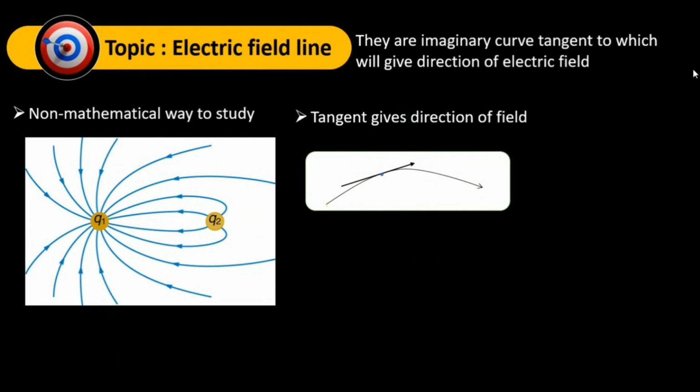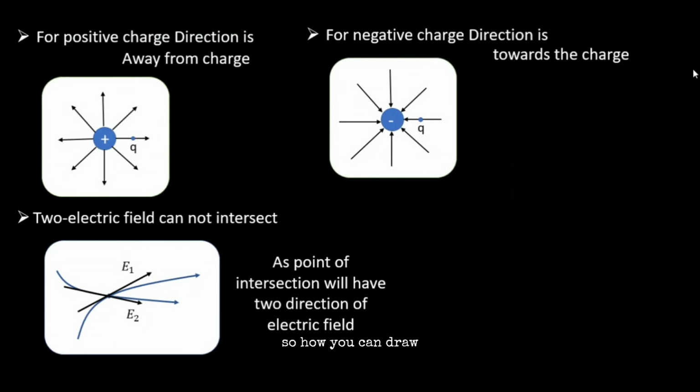They are curves heading from some positive charge and going towards some negative charge, always. So whichever point they are emerging from is supposed to be a positive charge, and whichever point they are terminating in is supposed to be a negative charge. Although it will be clear soon, let's see how you can draw the field due to different charges.